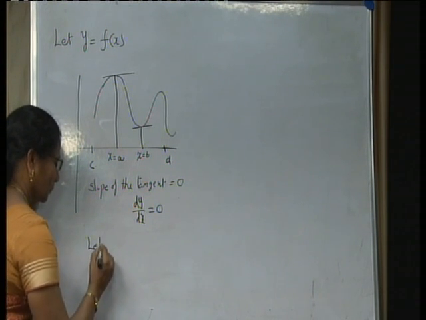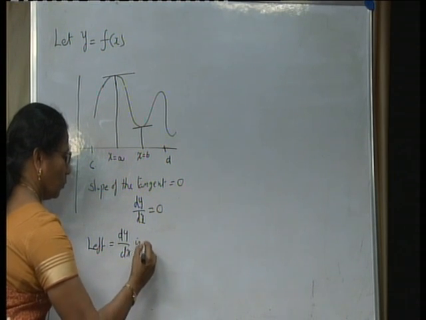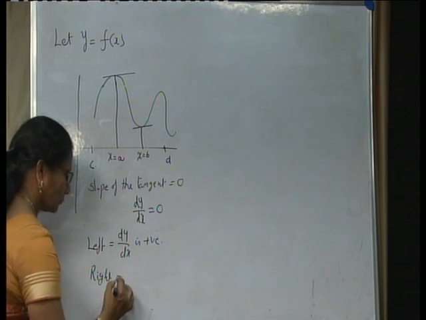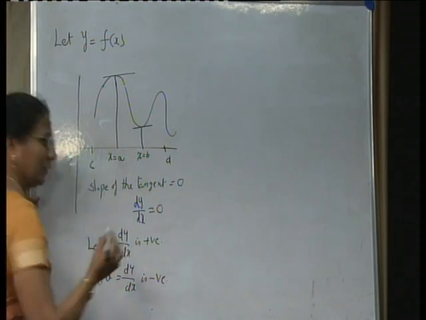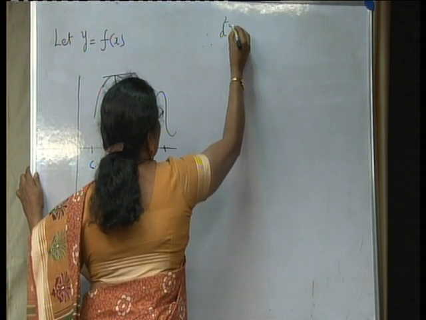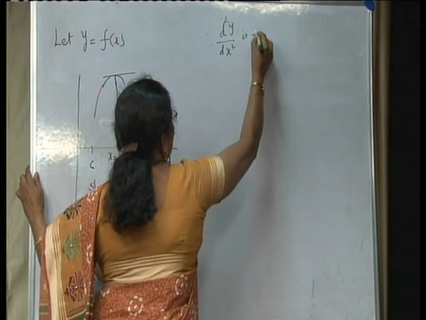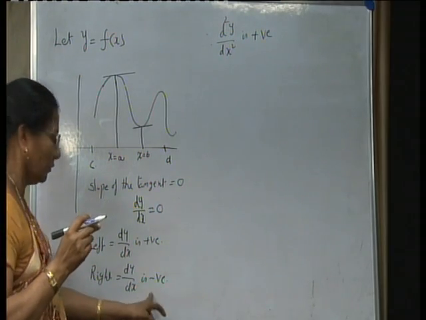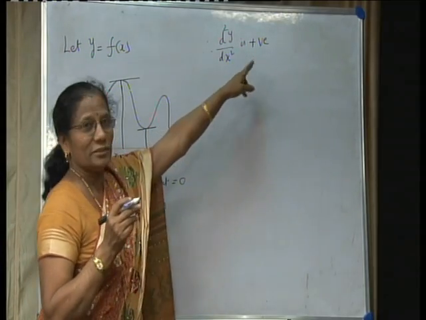Left side, dy by dx is positive. At the right, dy by dx is negative. Therefore, the second derivative is negative. See, from left to right, at the maximum value, d squared y by dx squared is negative.